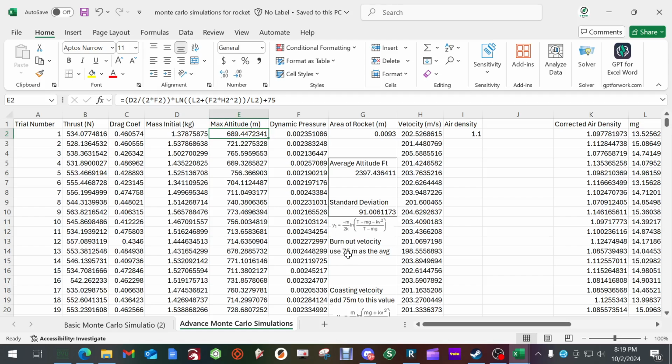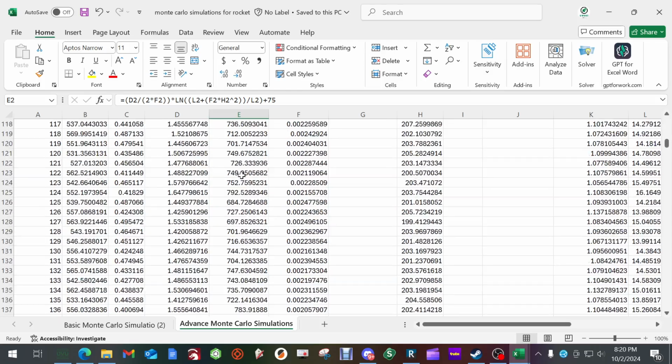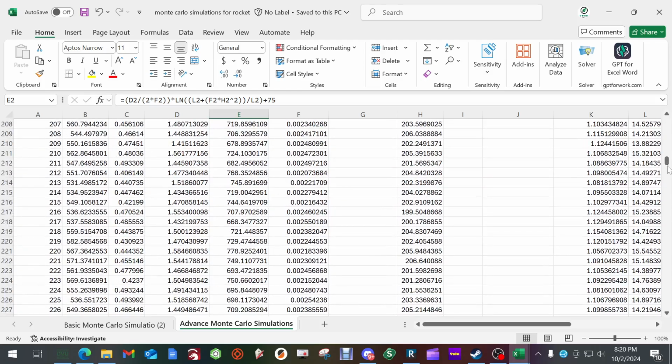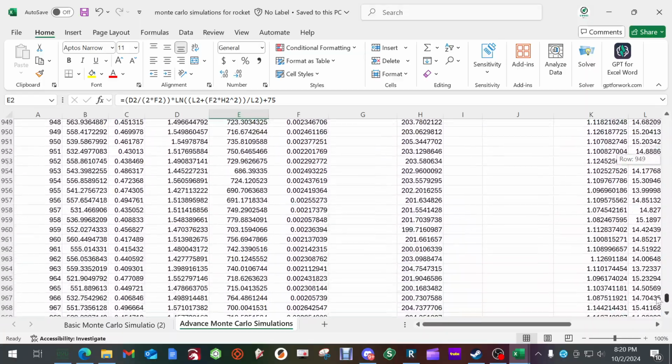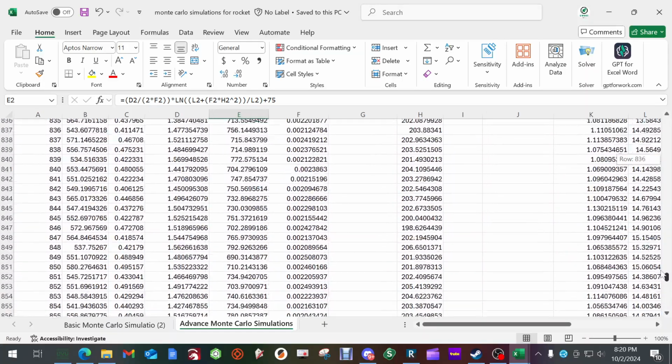Now if you really wanted more accurate, you would do this equation in another column 1,000 times and then add them together. But mine was always averaging 74.98, so I just put it as 75, and that's where this came from. Okay, so that is the max altitude for the first simulation, and as I pasted it down, after 1,000 simulations, that's what we end up with.